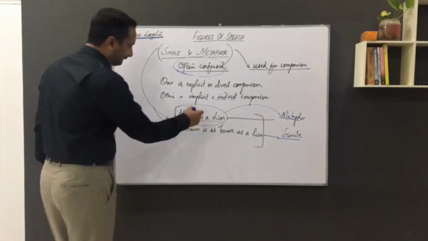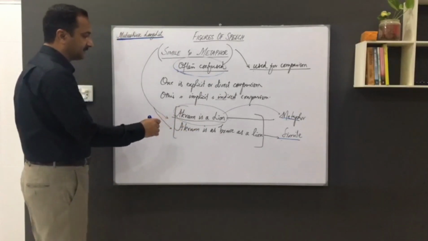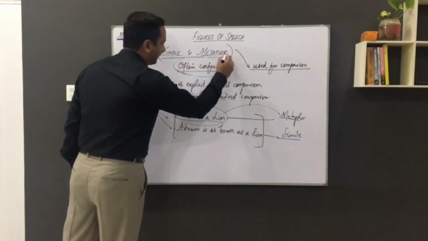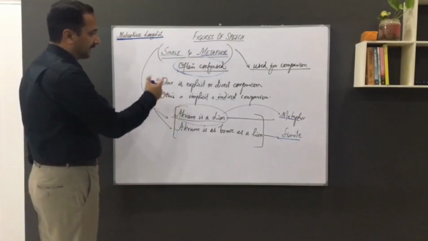Now, on illustration we come to know why we call simile a direct comparison and metaphor an indirect one. It is the other way around.